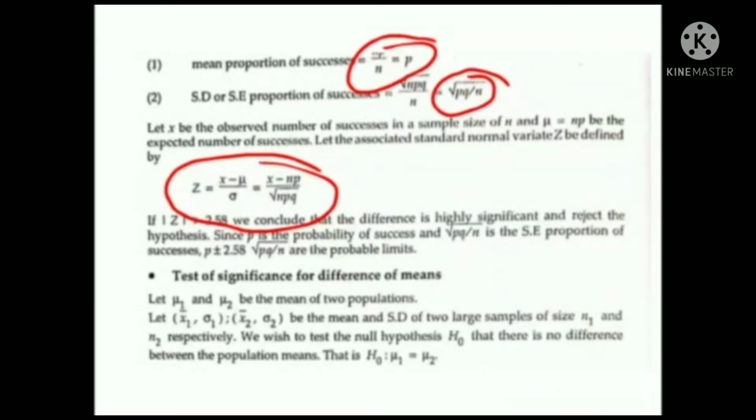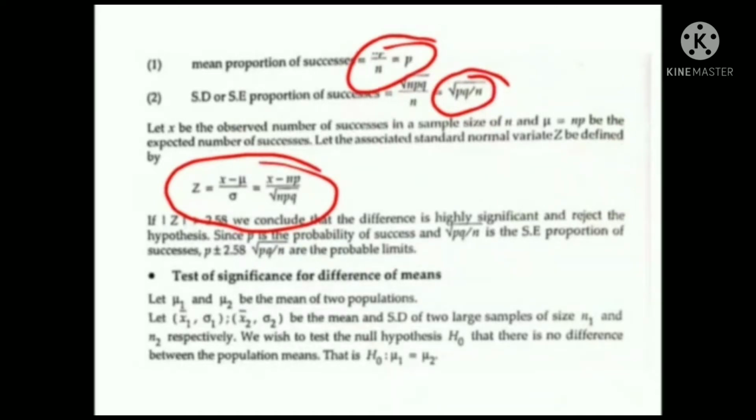From the given data we find the mean number of successes, that is mu, but x is the actual number of successes. The difference between the actual and the theoretical successes is the numerator of the test variate Z. In the denominator, sigma is the square root of NPQ.